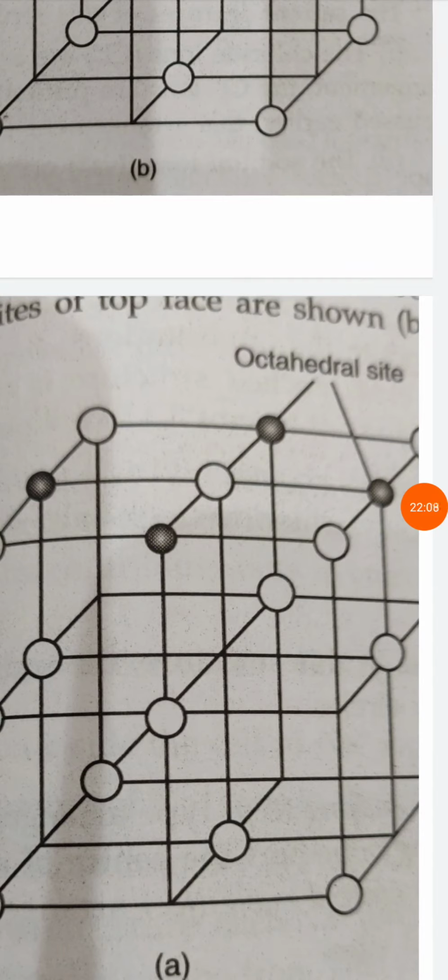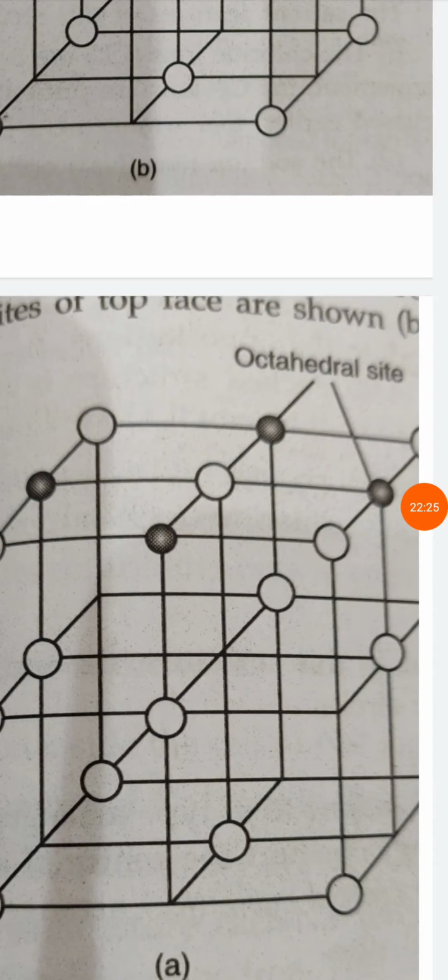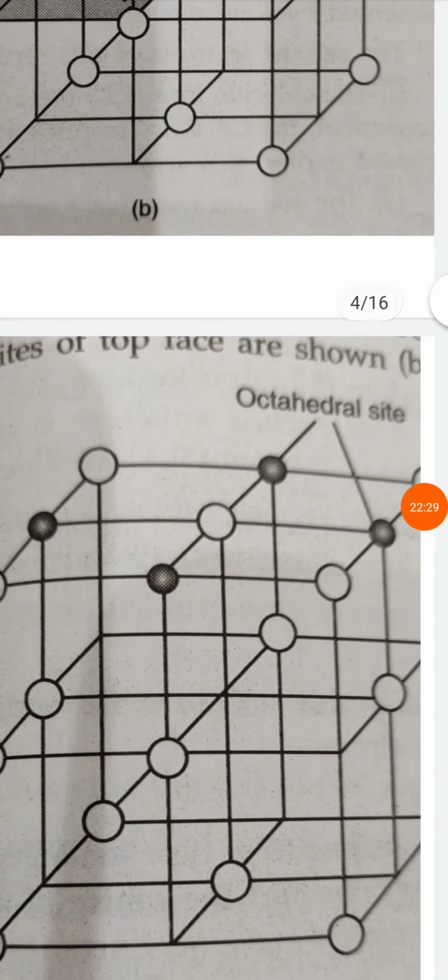If we carefully see the CCP arrangement, we observe that it has 8 small cubes. Each cube has 4 anions at alternate corners, and the center of the small cube becomes the tetrahedral site. There are 8 small cubes, and therefore there are 8 tetrahedral sites. Only 1 tetrahedral site is shown.